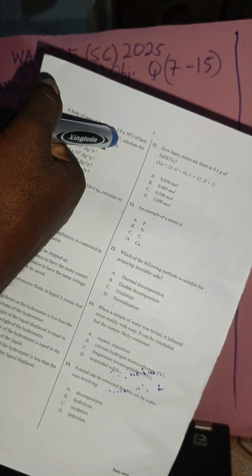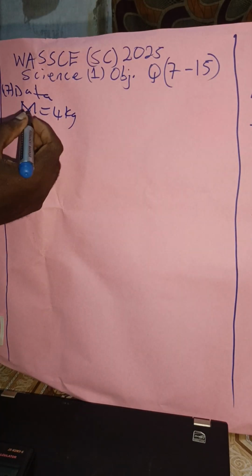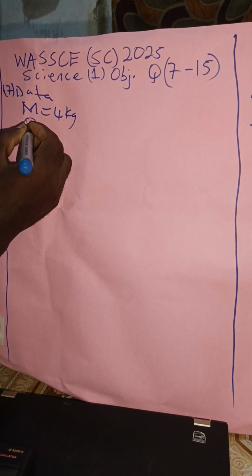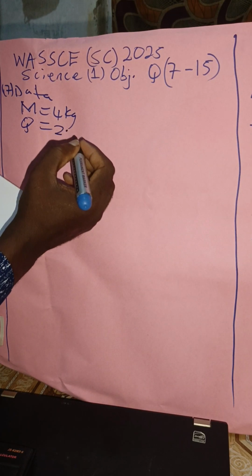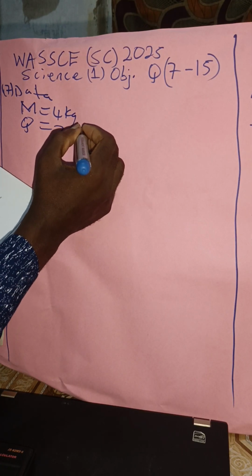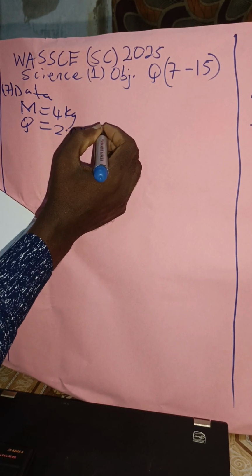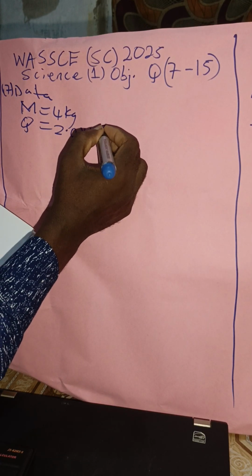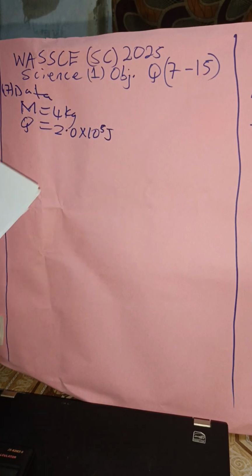It absorbs 2.0 times 10 to the power of 5 J. Now this one represents the quantity of heat, which we can use as Q. That's 2.0 times 10 to the power of 5 joules.